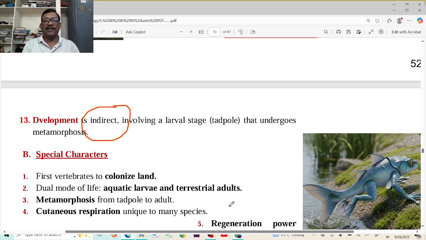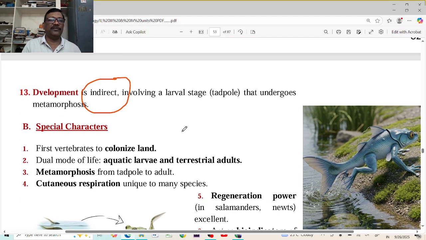The tadpole larva lives like a fish that respires through the gills, and undergoes metamorphosis with the help of juvenile hormones and thyroid hormones, mainly involved in the metamorphosis. After the metamorphosis, it loses its tail, gills, and many organs, and it develops as an adult amphibian that can live on land.